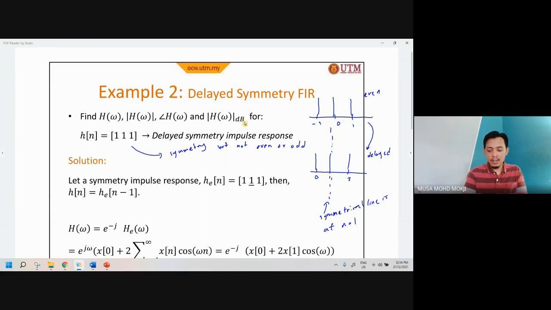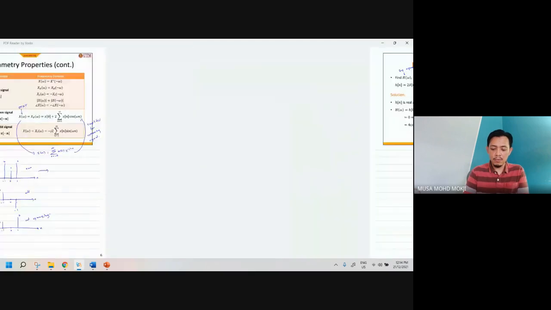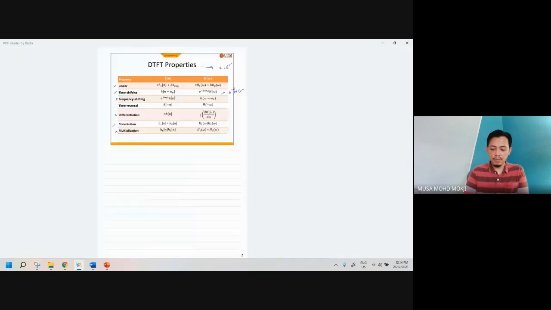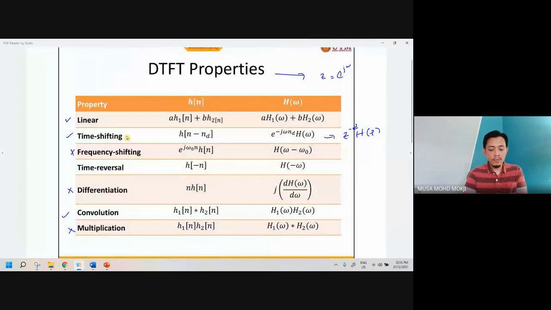So yes, we can still use the property of symmetry, but because it is delayed, we need to use another property, which is the time shifting property. If we have a delayed signal, the DTFT is just whatever you have for your even or odd signal, the original symmetry one, multiplied by e to the minus j omega nd.